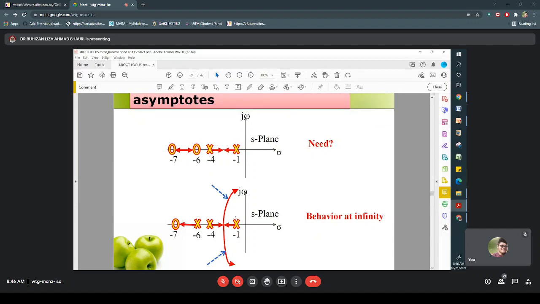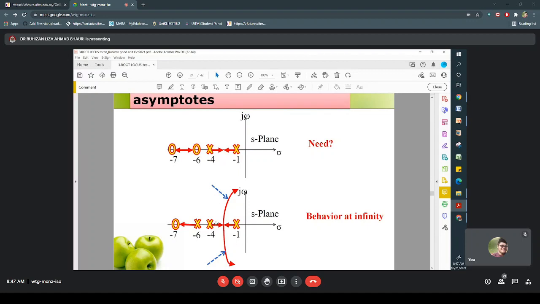Now let's look at the bottom example. Now you have 3 open loop poles and 1 zero, which doesn't match. So it means that 2 of the open loop poles need to find infinite zeros.